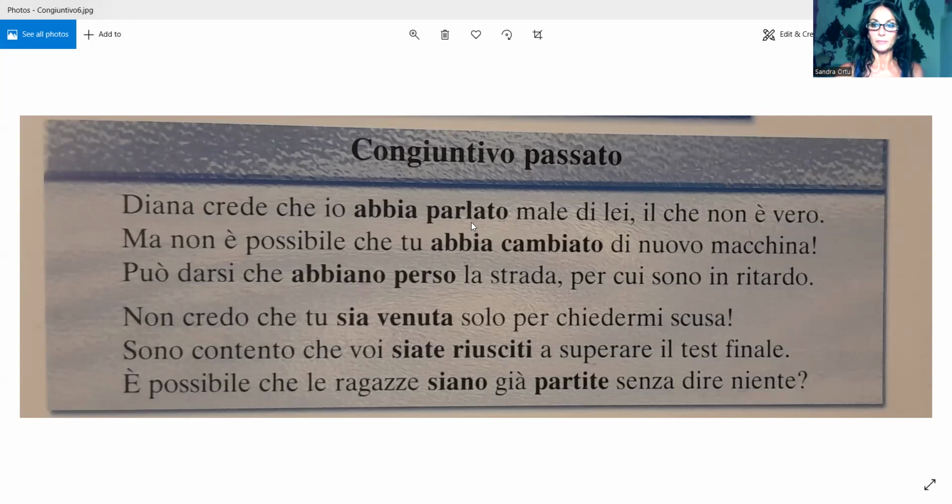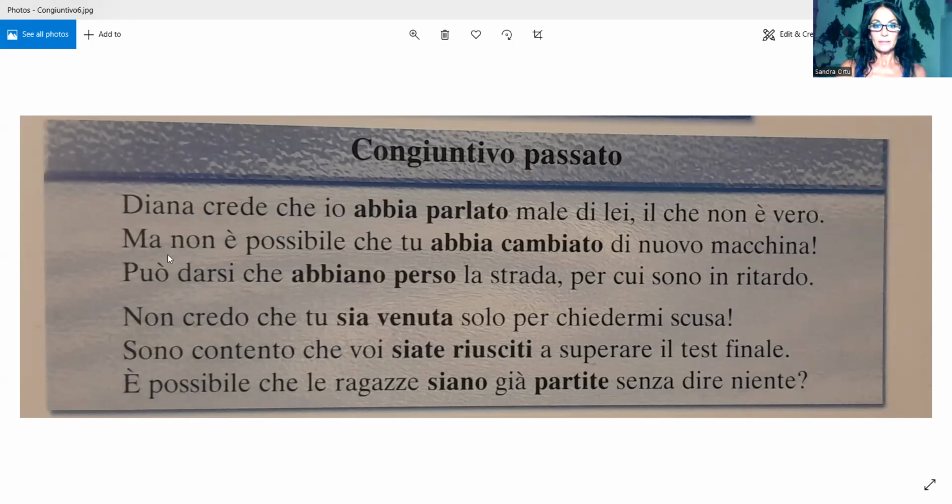When we are talking about the past, we have the auxiliary in the congiuntivo, followed by the main verb in the participle.